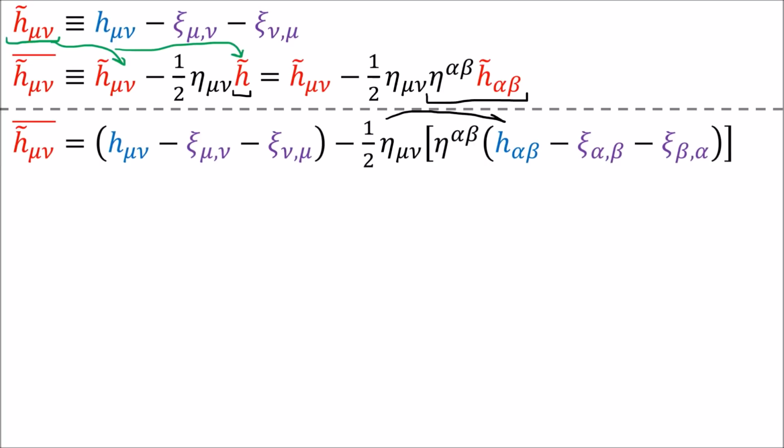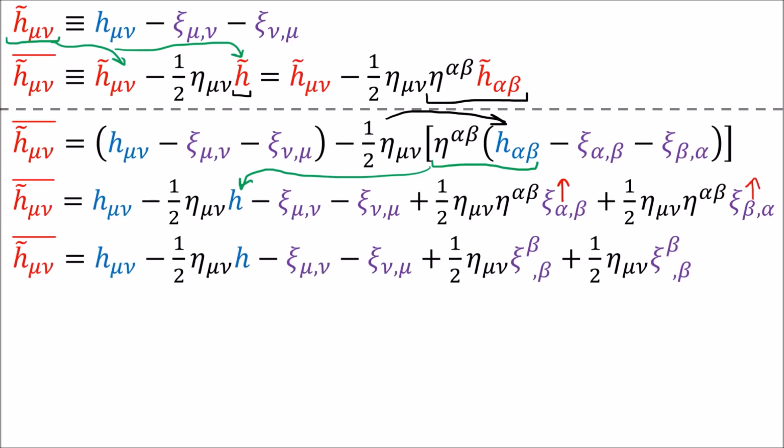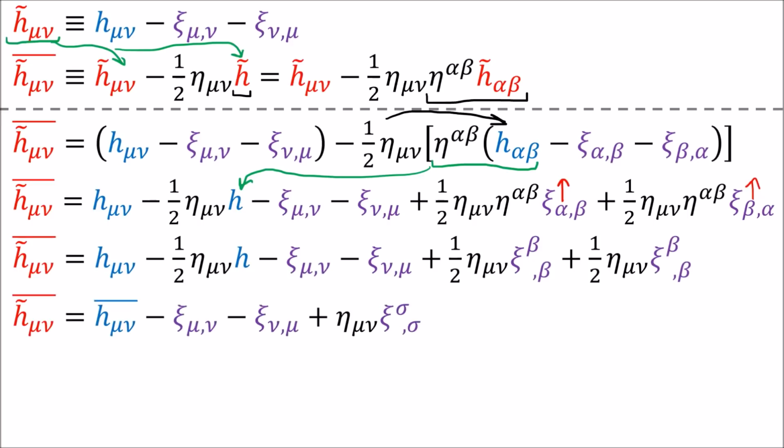We can then distribute 1/2 and these etas over these three terms. Eta inverse summed with the h components gives us the trace of h. And we can use these inverse etas to raise the alpha and beta indices on these xi's. We can then write this combination of terms as h bar, and combine these two 1/2s into a single term.